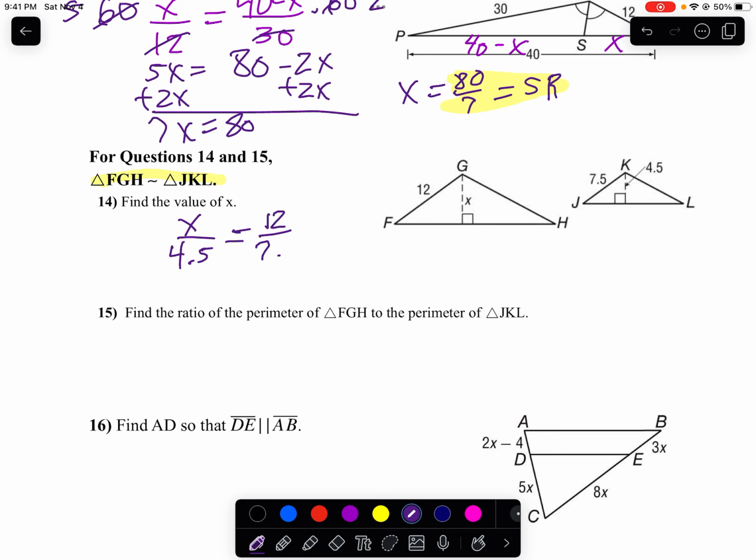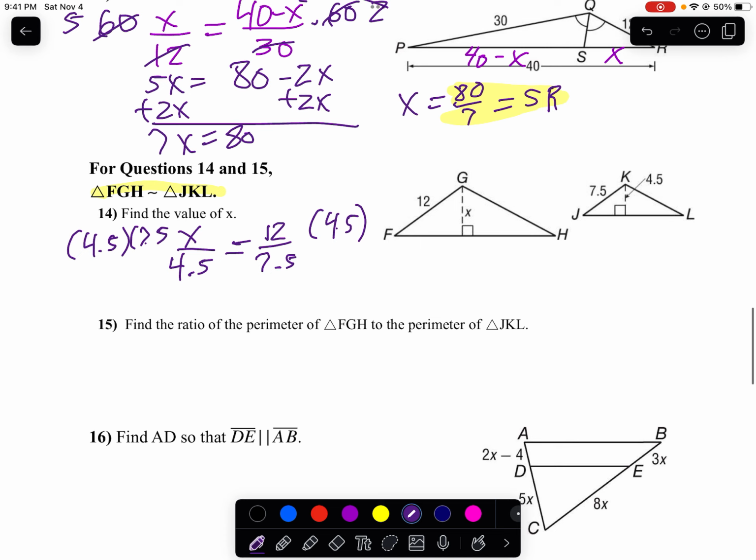is to 7.5. And I think what I'll do is I'll multiply both sides by 4.5 and 7.5. Since they're decimals, we'll just clear our fractions. So we get 7.5x equals 12 times 4.5. 12 times 4 is 48, plus 6 would give me 54.